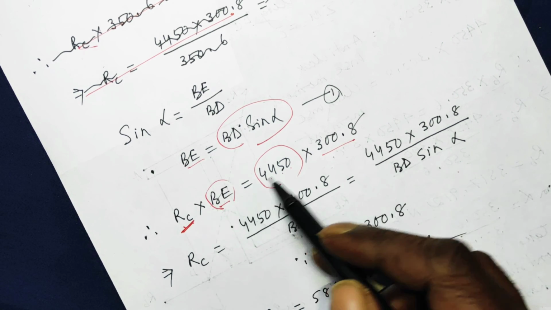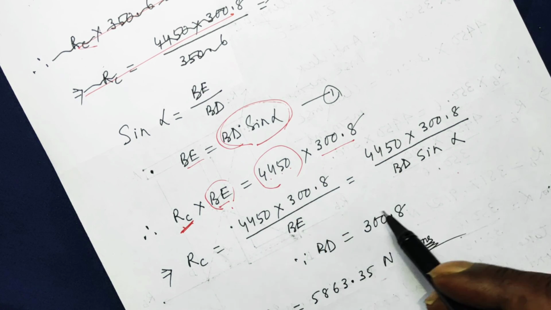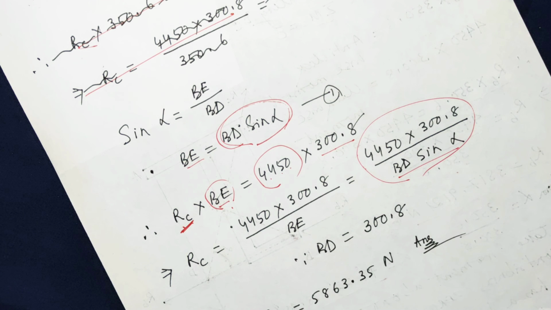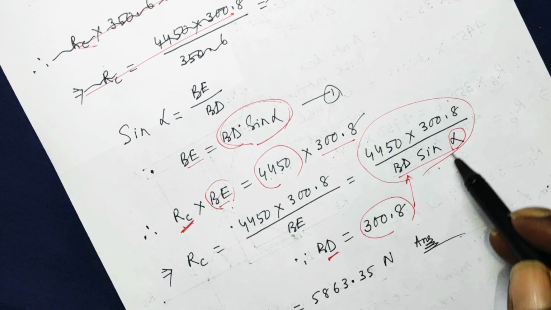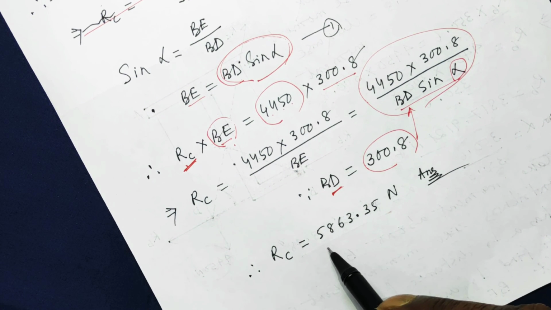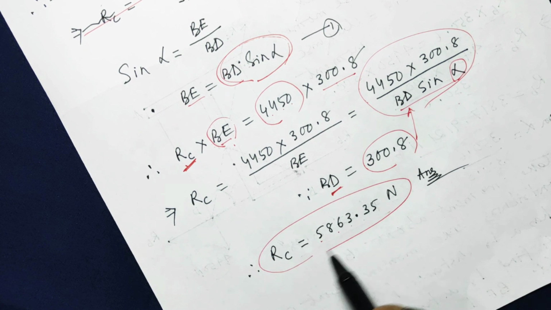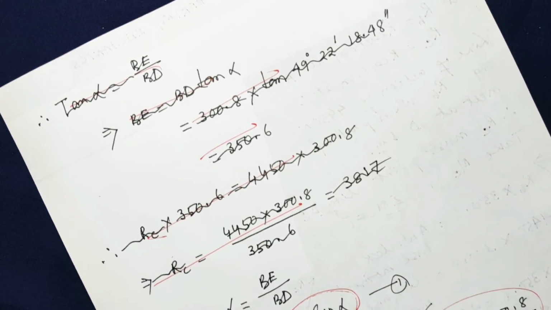So take BE to the right hand side, and for BE substitute BD sin alpha. Since BD is given, put this value here, and alpha has been calculated. Put it in a scientific calculator, this comes out to be 5863.35 Newton, the reaction force at C. So that is all.